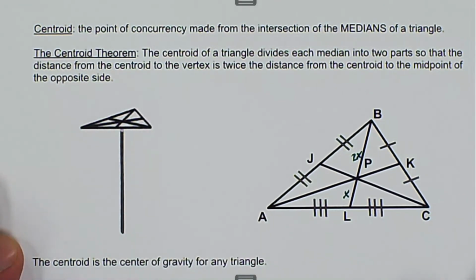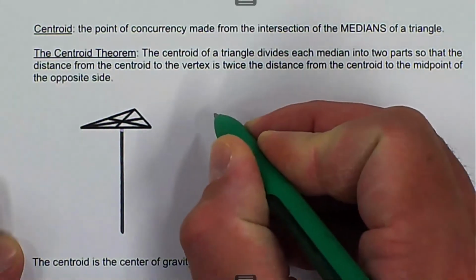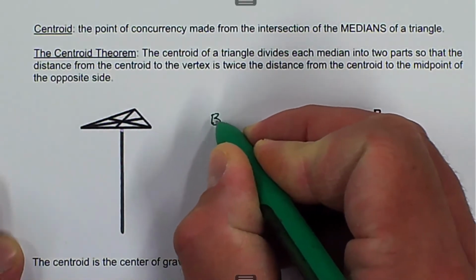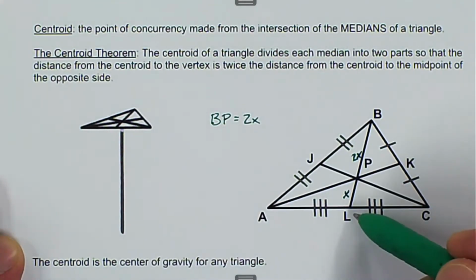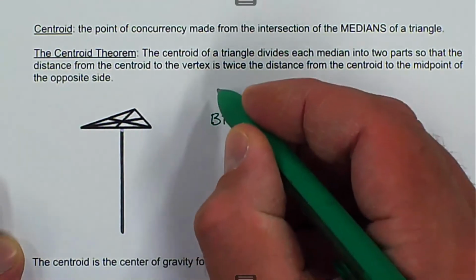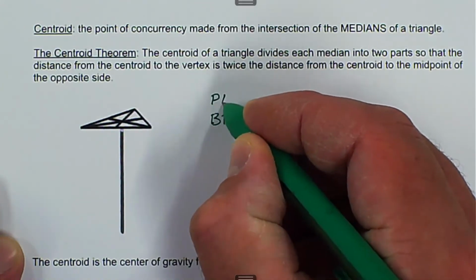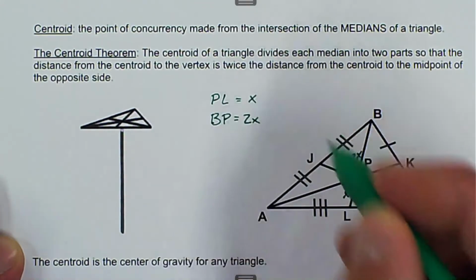So an easy way to kind of remember this is, if we're looking at this line here, we can say BP is equal to 2x, PL is equal to x.